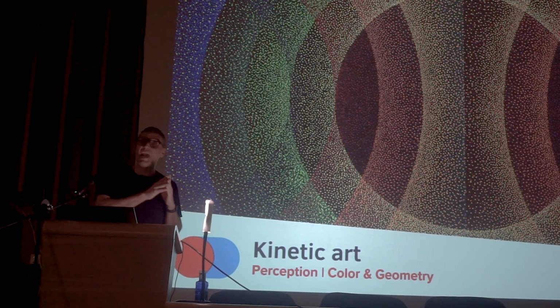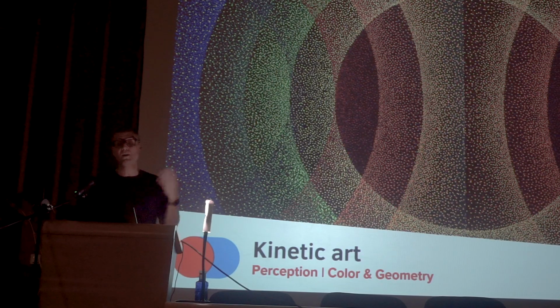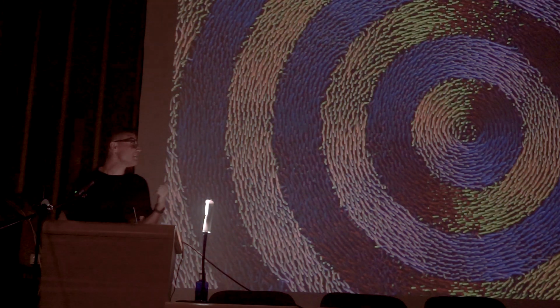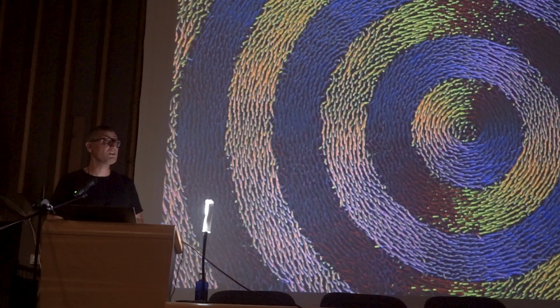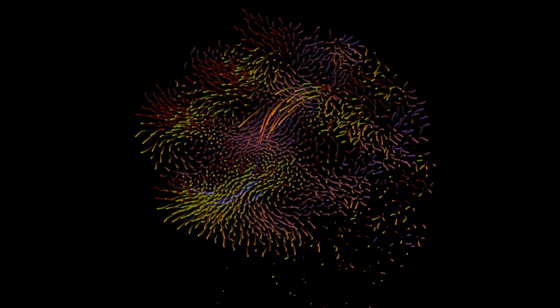Using agents, try to get this kind of emotion. So that's a frame of the film. These are tiny circles moving using a simulation, using agents, trying to provide this kind of color and motion.